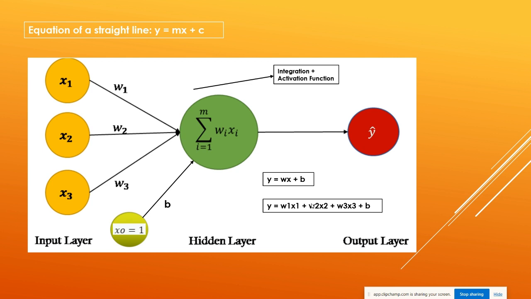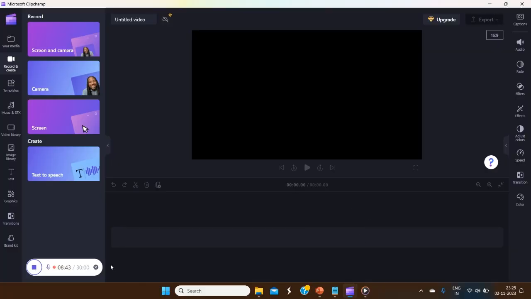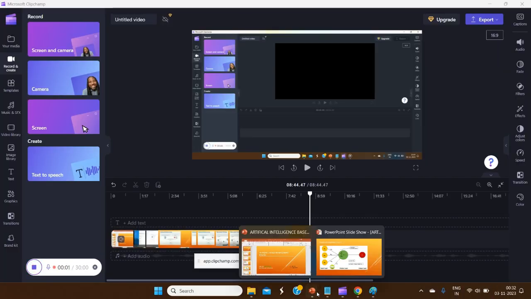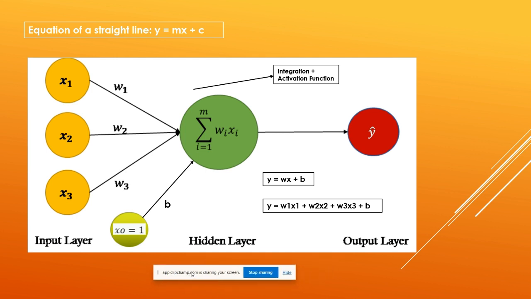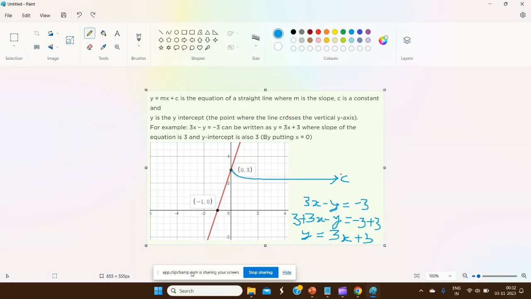Okay, so I will be explaining this equation, which is the equation of AI and deep learning. We can see on this slide the equation of a straight line, y is equal to mx plus c, as we all know. For those who don't know, I will quickly brief you, because we have to understand it by going back to school maths.